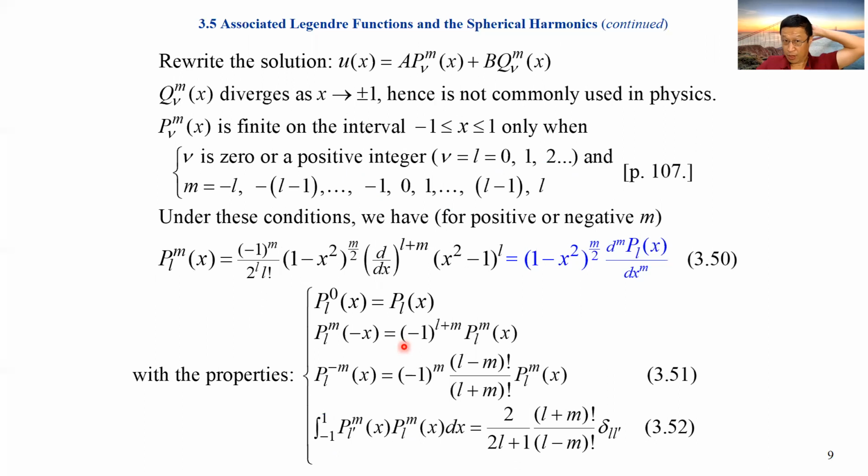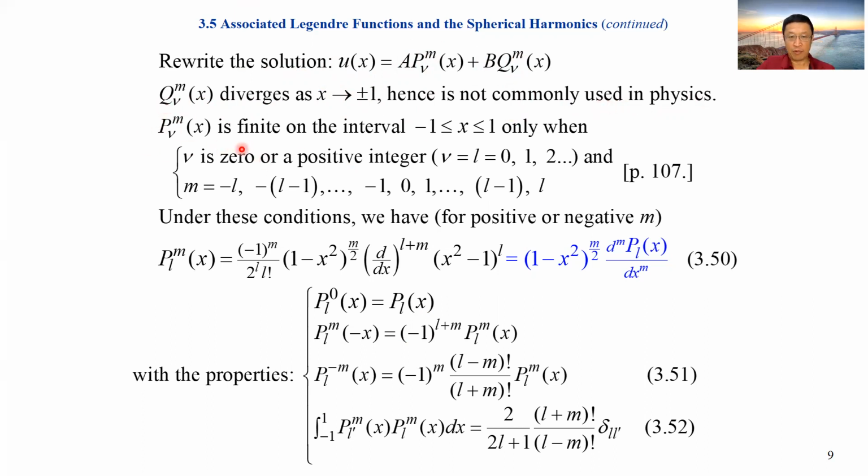Okay, let's rewrite the solution again. u = A P_L^μ + B Q_L^μ. Once again, luckily, Q will diverge when x equals +1 and -1. Hence, it's not commonly used in physics. Once again, we like this conclusion.